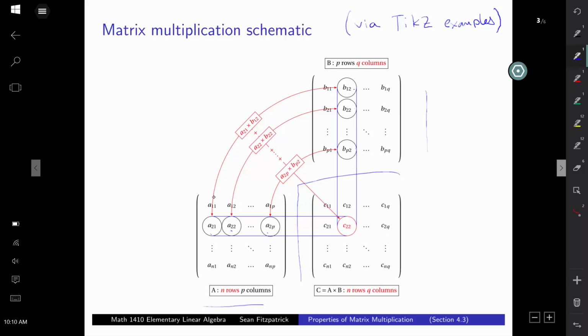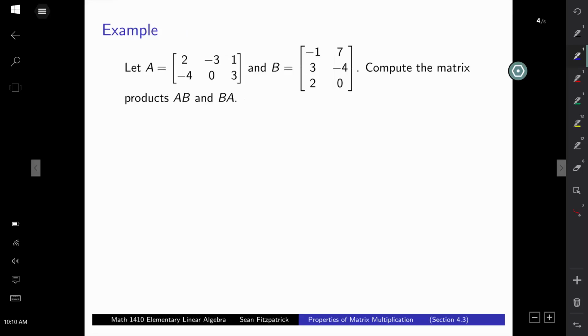Okay, so let's do one more example just to make sure we've got the hang of things. Here are two matrices, A and B. Let's compute the product. If I want to do A times B, I put my matrix A on the left: 2, minus 3, 1, minus 4, 0, 3.